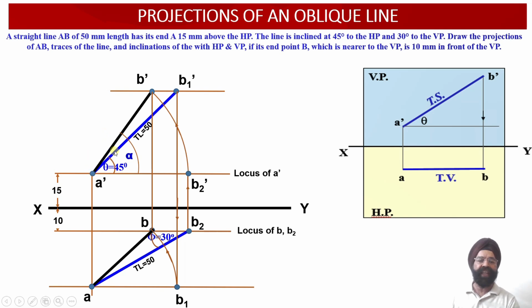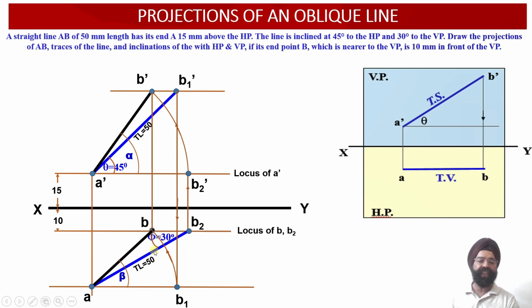So the apparent length of the line in the front view, alongside the apparent inclination of the line with respect to HP, has been obtained, and the apparent length of the line in the top view has been obtained, and the apparent angle of inclination of the line with the vertical plane has also been obtained. And now we can evaluate apparent length in plan.